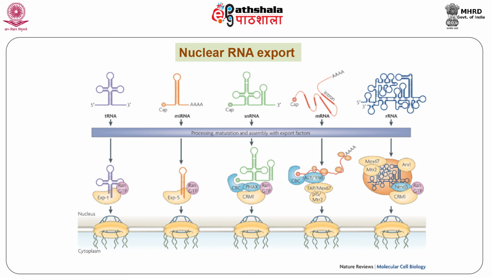Processing for each shows primary RNA transcript as well as the transport competent RNA after it has undergone processing, maturation and assembly with export factors. Export adapters are shown in blue, whereas export receptors are shown in yellow.